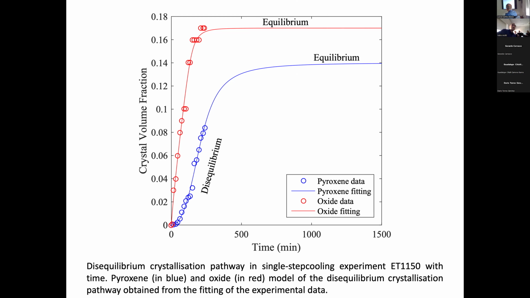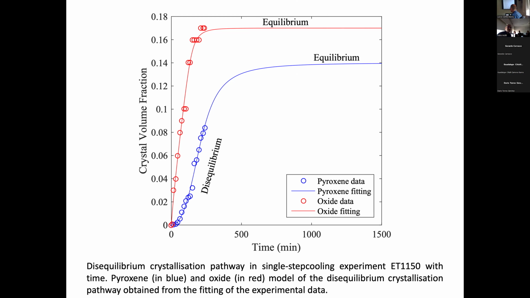We reach equilibrium for the oxides, more or less. Instead, pyroxene didn't reach equilibrium. So as you said, if we perform longer experiments, we observe more nucleation evidence. To reach equilibrium, we had to reach around 14% of crystals. Instead, we reached around 8% of crystals.